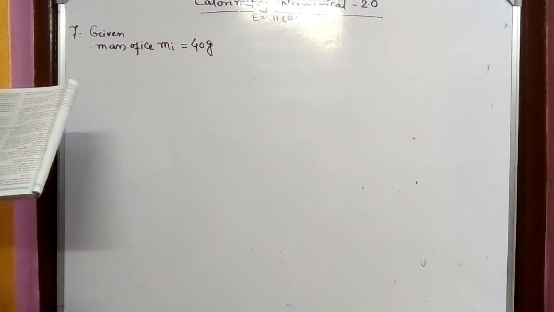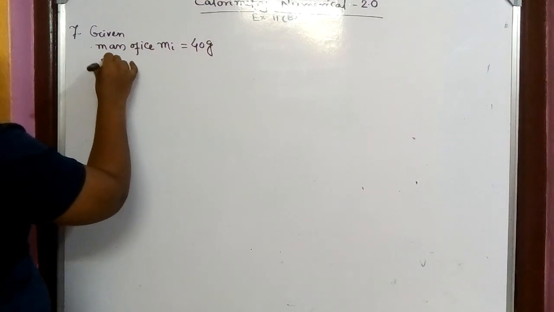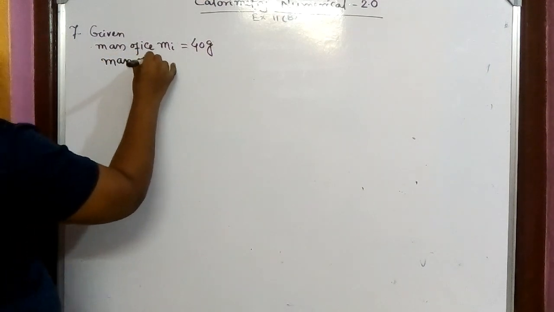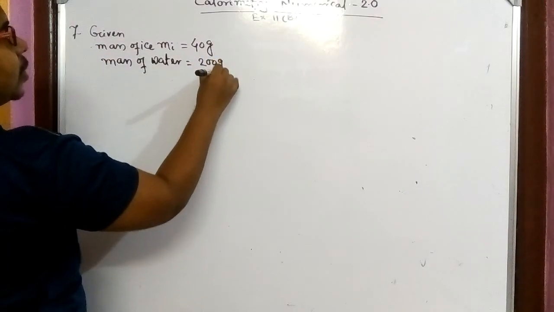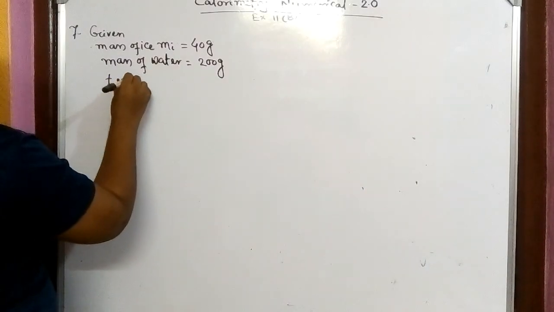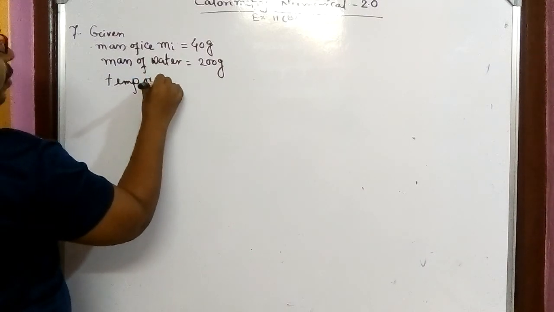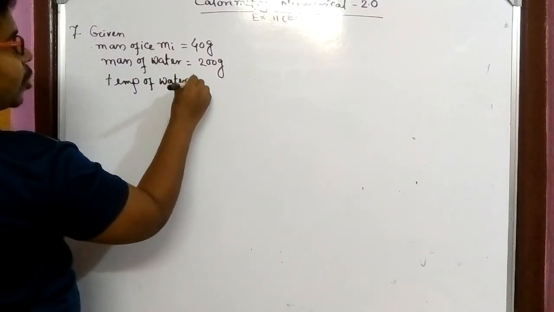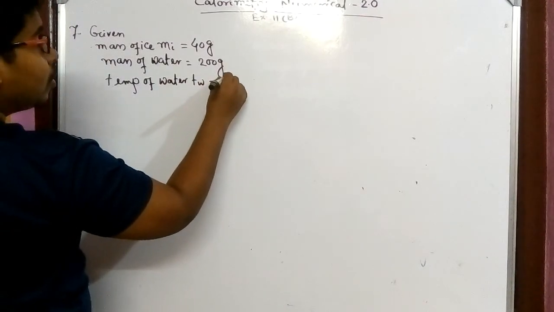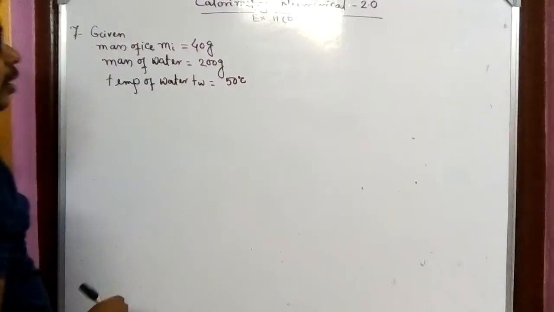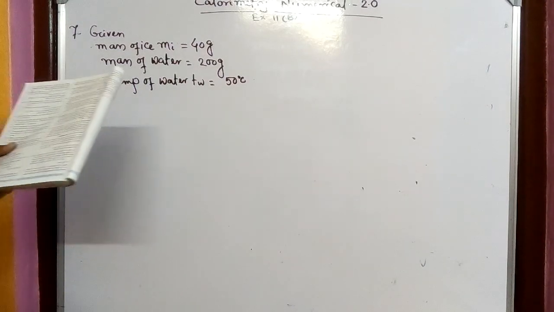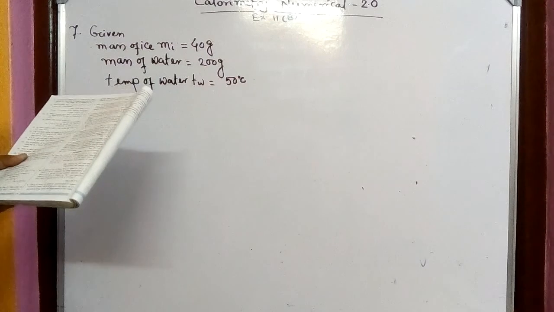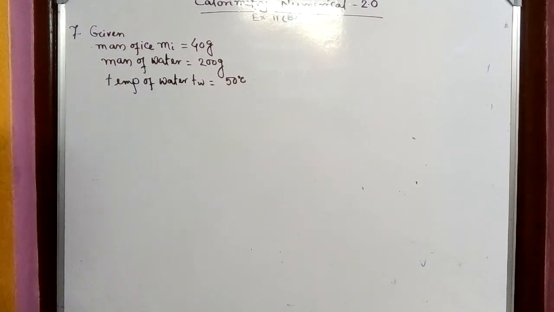Next, mass of water, 200 gram, and along with it the temperature of water, denoted by TW, that is 50 degrees centigrade. You have to mix this, and it is asked to calculate the final temperature when all the ice is melted.